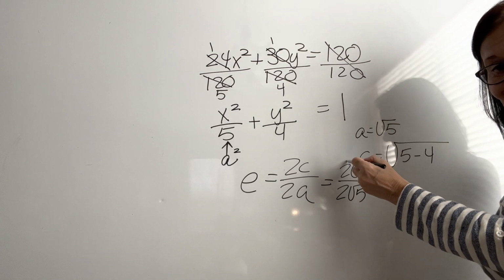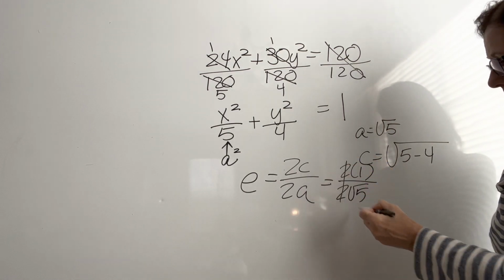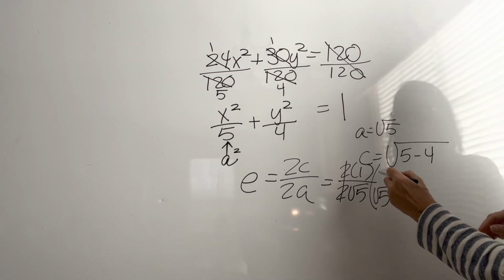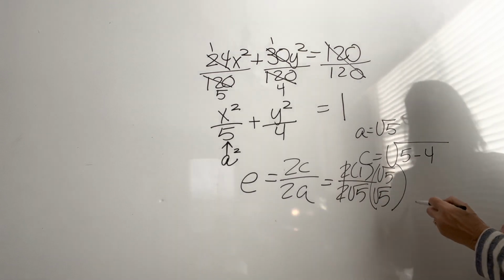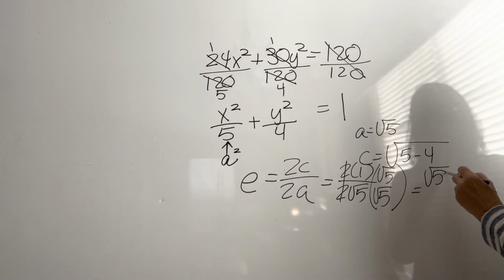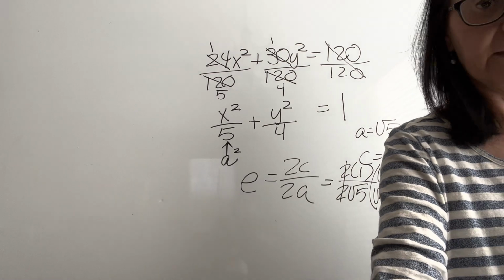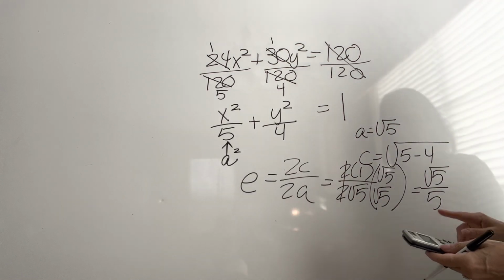Our 2's eliminate, right? And then you rationalize by multiplying by square root of 5 over square root of 5. So you end up with square root of 5 over 5. My guess would be that your textbook probably does this as a decimal.